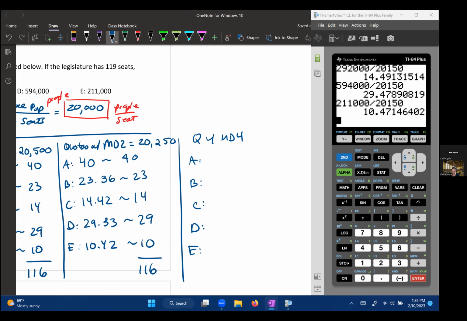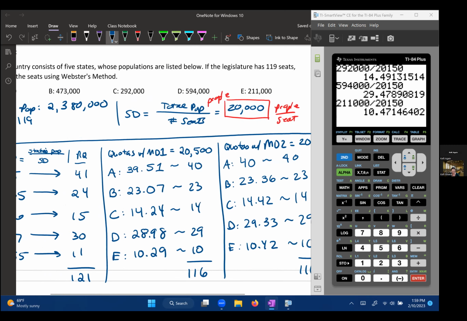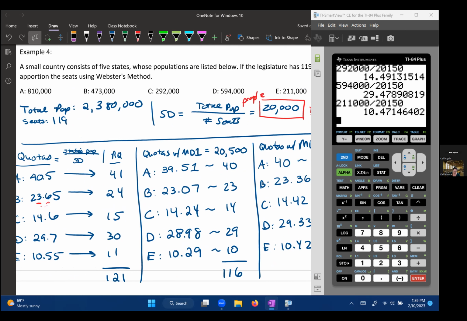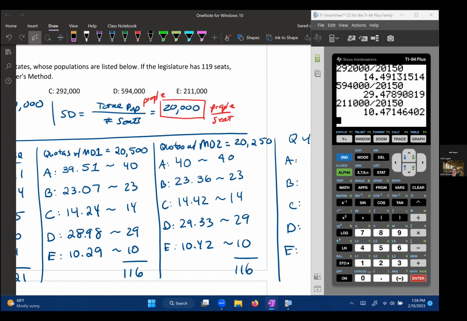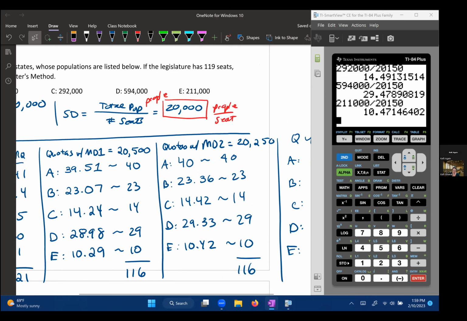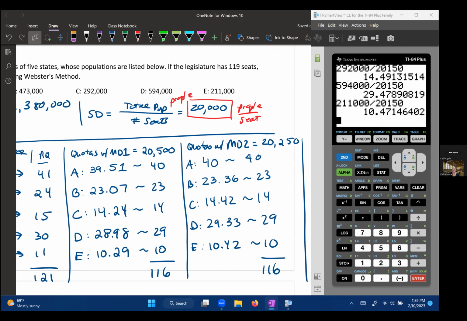Wait, what's going on here? My first divisor was 20,000. That gave me too many seats, so I had to make the divisor bigger.